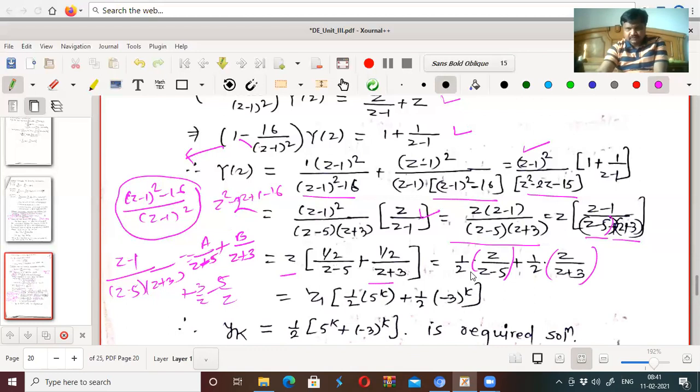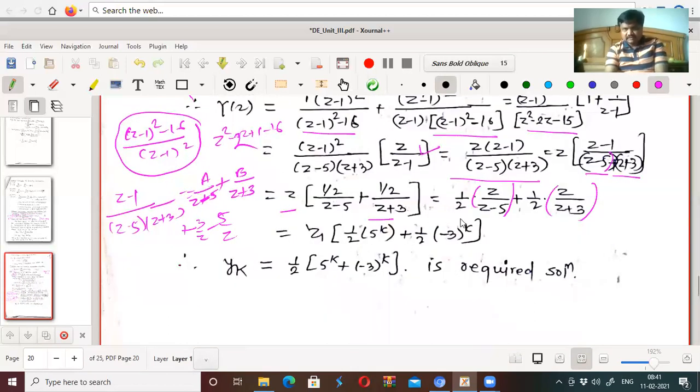But we know that z upon (z minus 5) is the z transform of 5 to the power k. So this can be written as 1 by 2 into z transform of 5 to the power k plus 1 by 2 into z transform of (minus 3) to the power k.